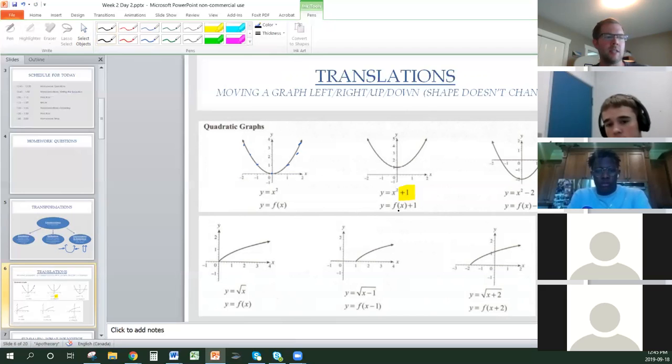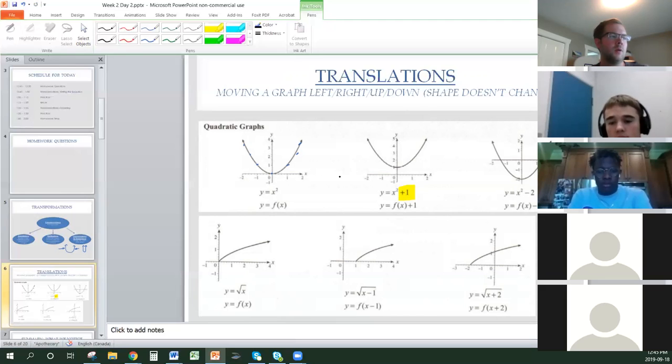If we're looking at the function notation of this, the +1 is on the outside, compared to down here where it's a -1 and it's on the inside of the brackets. Do you see what I'm saying when I say it's on the outside of the brackets?